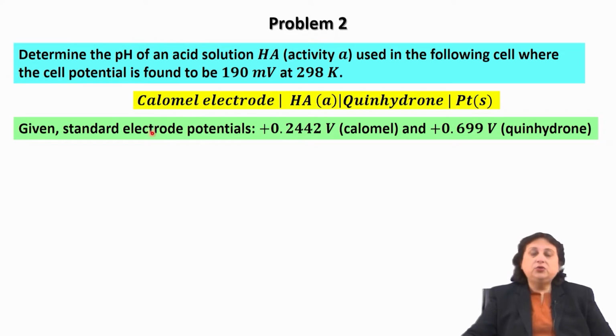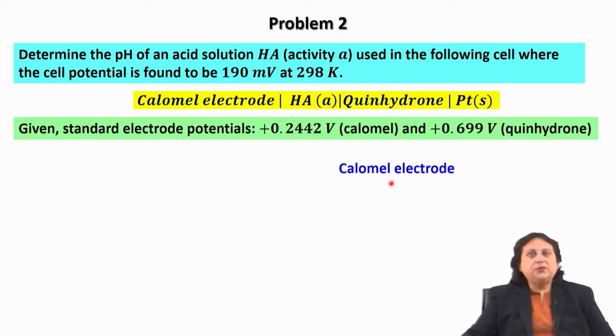Obviously, I have to look up the standard data table and find that the standard reduction potentials of the two electrodes are as follows. It is 0.2442 volt for the calomel electrode and 0.699 volt for the quinhydrone electrode.